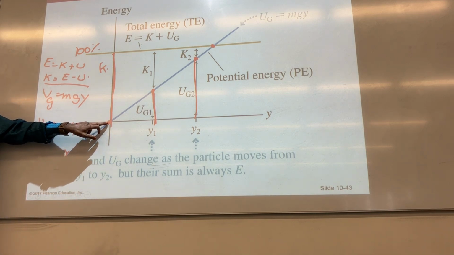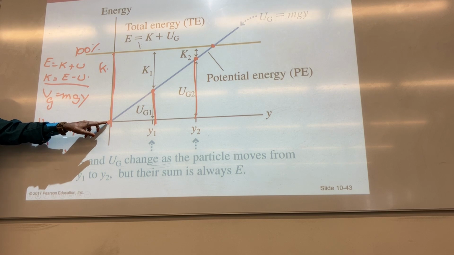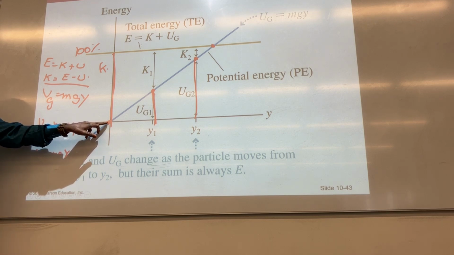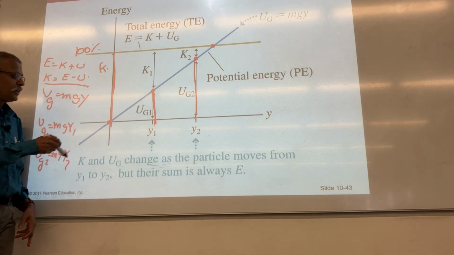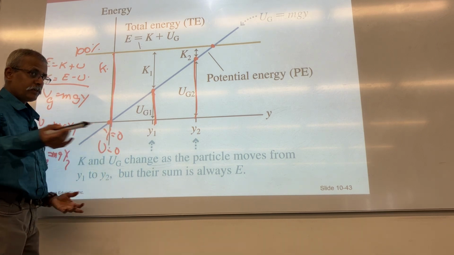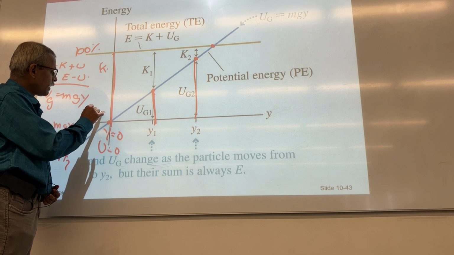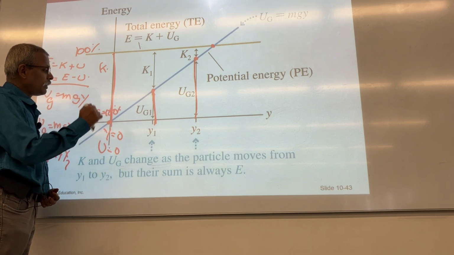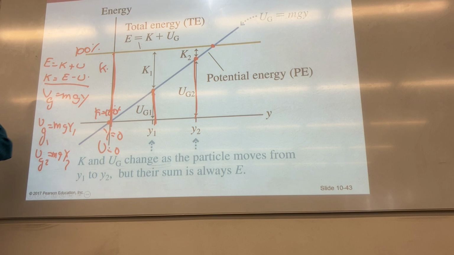At the very bottom, at the zero axis, what is my energy? All my energy is what? At y0, U is 0, that means K is 100%, because all my total energy is 100%.